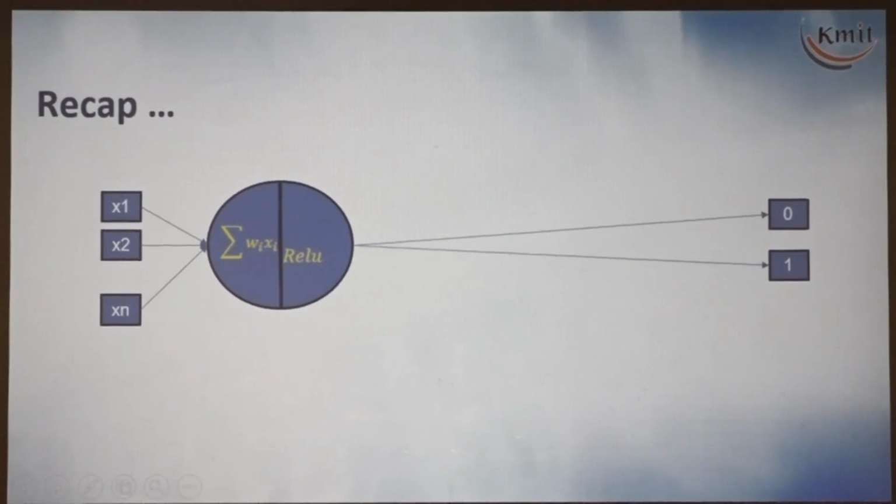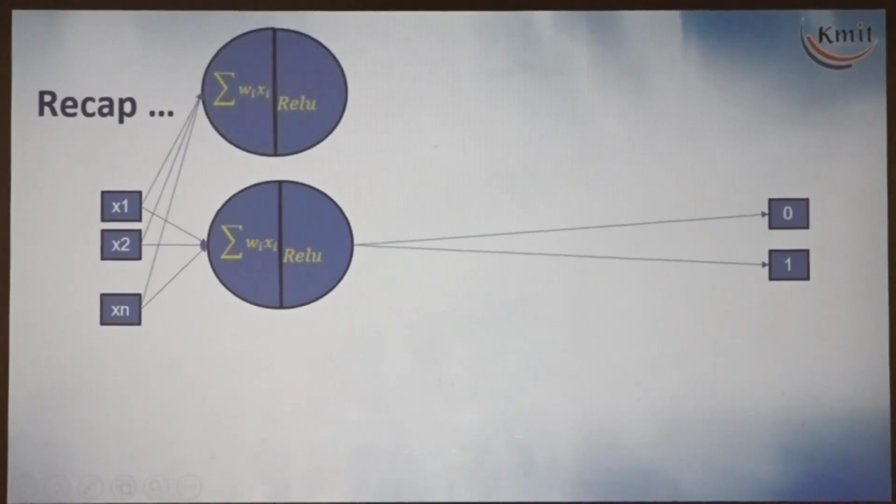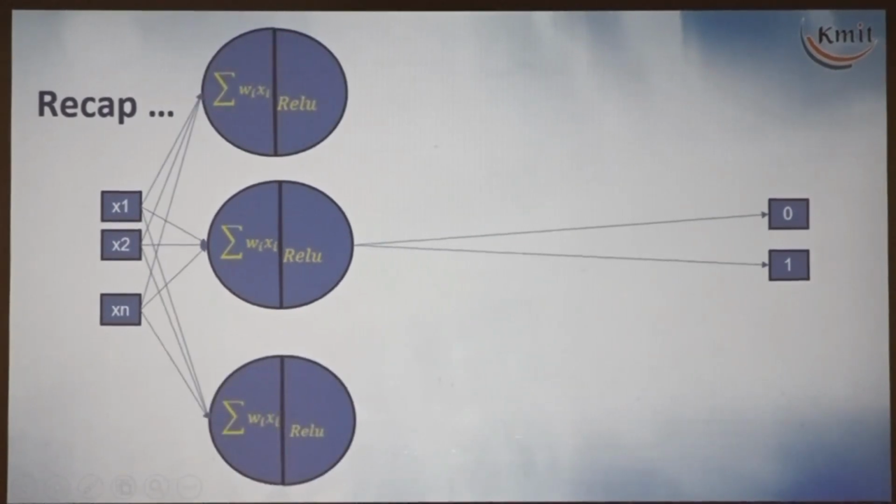If the number of inputs is larger and the relationship is more complex, a single node or single unit of the machine learning algorithm cannot handle this situation. So in that case, I want to replicate the same unit a number of times, and the same input will be given to all these units also.